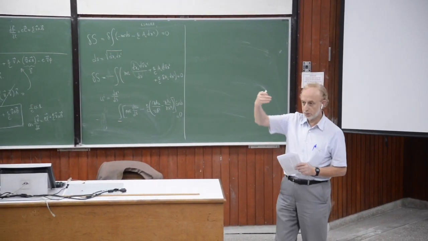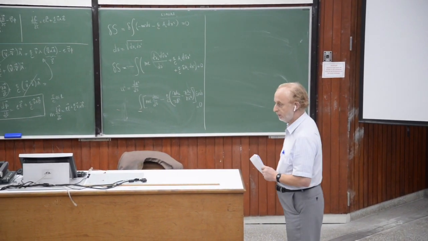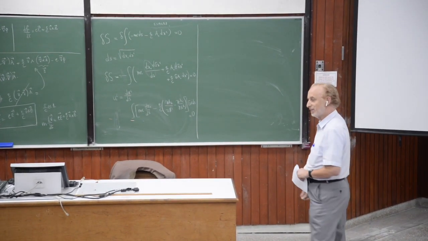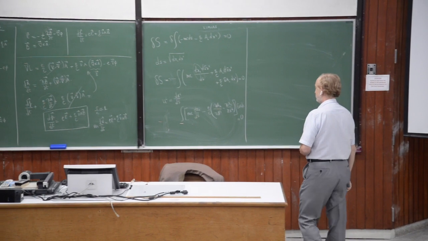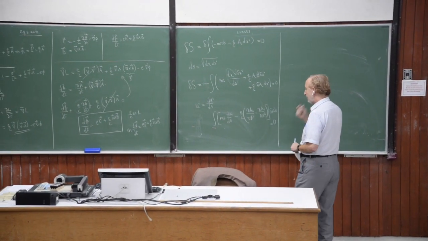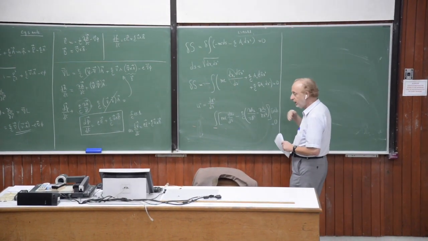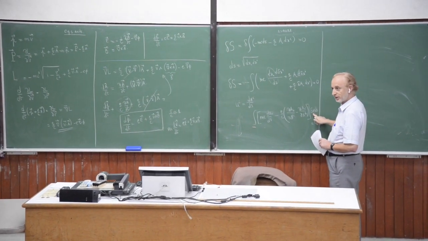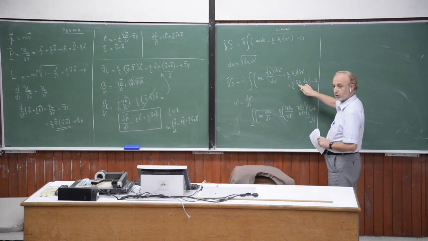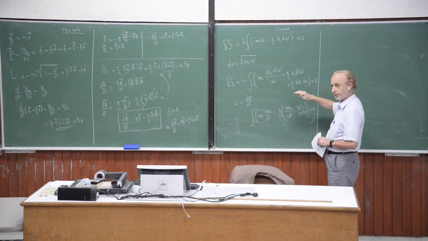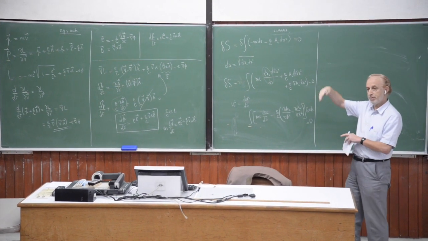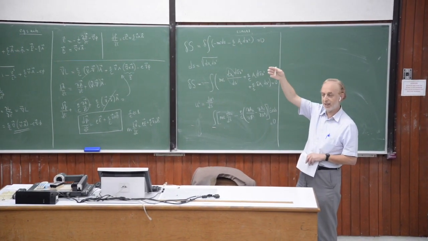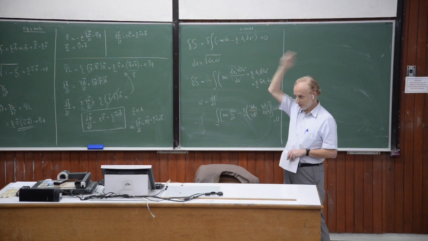Just some algebraic manipulation, integrating by parts, exchanging indices, etc. Now, since this has to be 0 for any variation delta x^i, and here I'm of course ignoring when I do an integration by parts the total differential, because delta x^i is 0 at the beginning and 0 at the end.